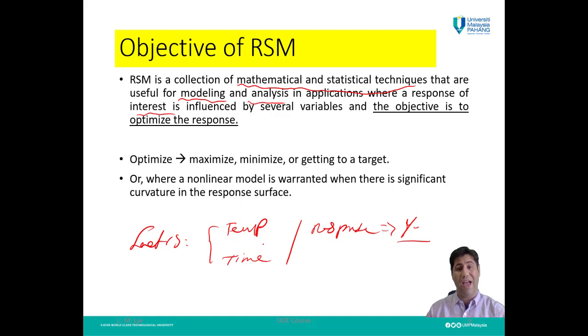And we know the initial steps in RSM are more or less the same as the factorial design. We need to check if temperature is significantly effective on the yield of the process, and also we need to check for time, and also for the interaction of these two, and also the quadratic terms of each one of these factors.